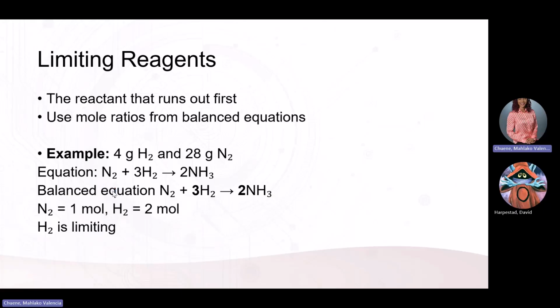What we need to know is how many grams of ammonia we are going to produce, given the grams of hydrogen that we have. Now we look at what we have here: our nitrogen, which is 28 grams.